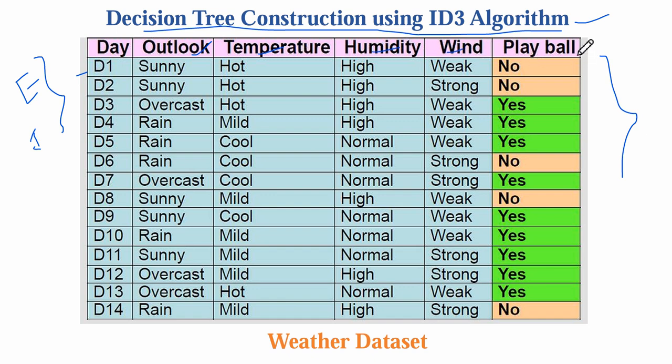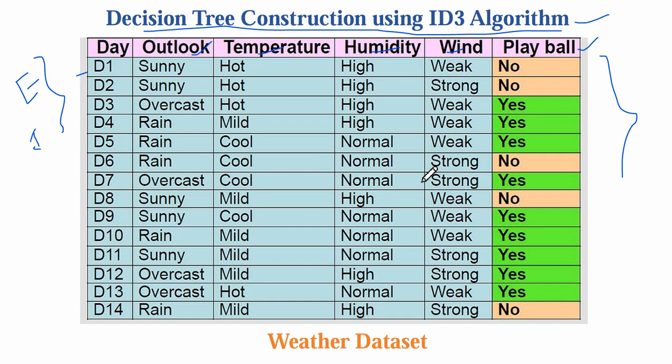The class label is playball, and the values of the class are yes and no. Our main goal is to construct a decision tree, and by using that decision tree, predict whether there is a chance to play a game or not.